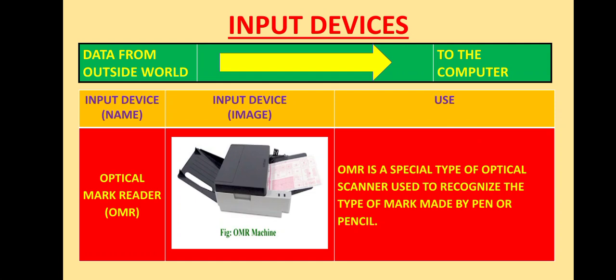Optical mark reader. This is a special type of device which is used to read optical marks. This type of device is mostly used to check OMR sheets.